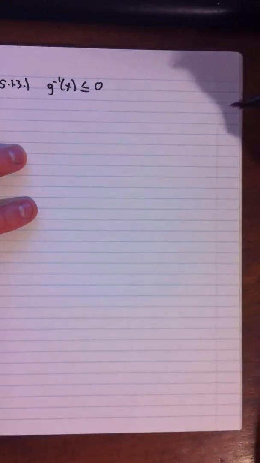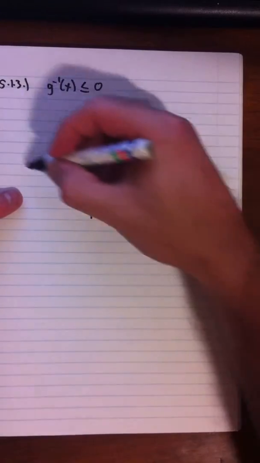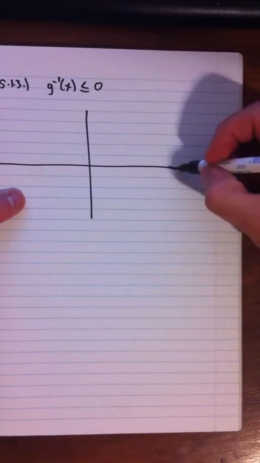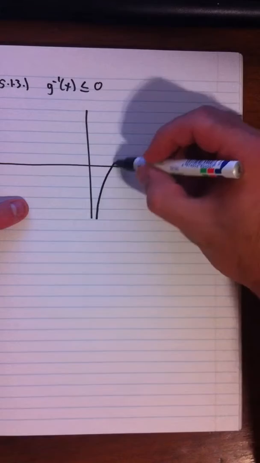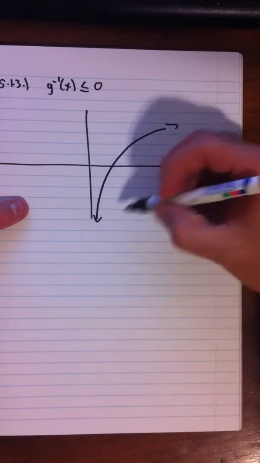Next question, 5.1.3, states for which values of x is the inverse of g less than or equal to 0. Let's have a look again at what that graph looks like. G inverse looks like this.